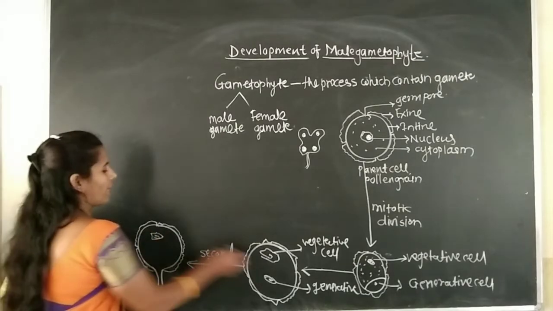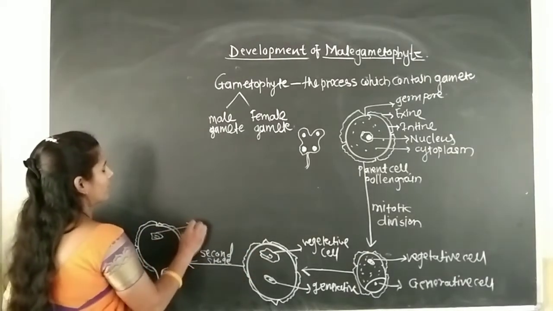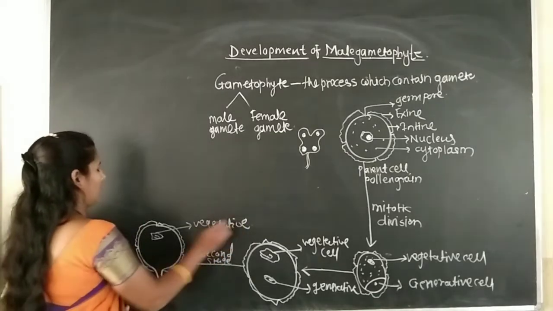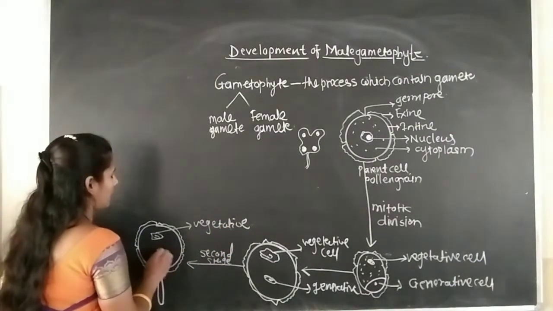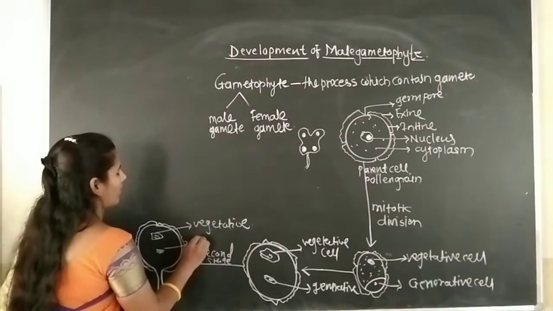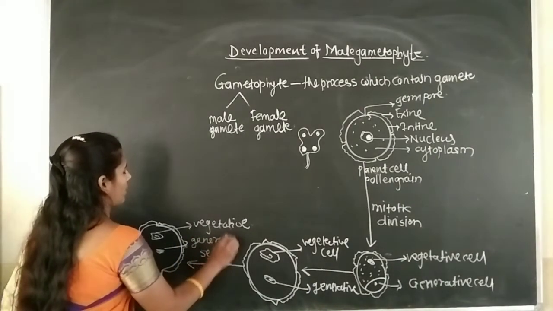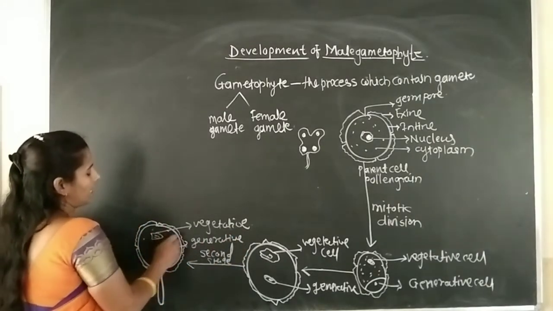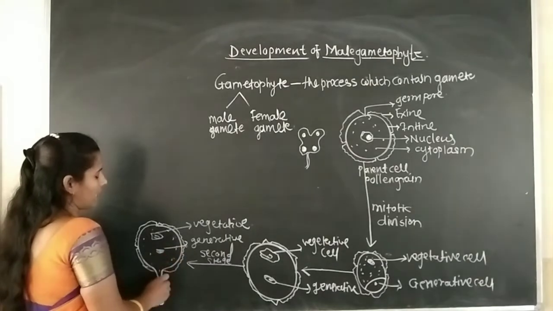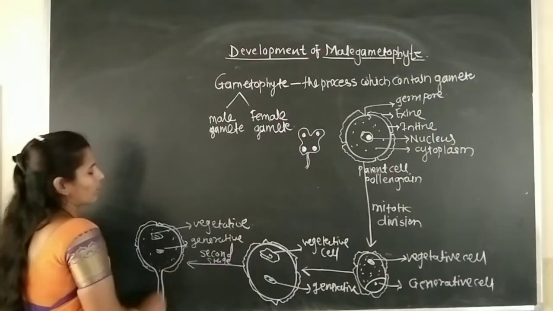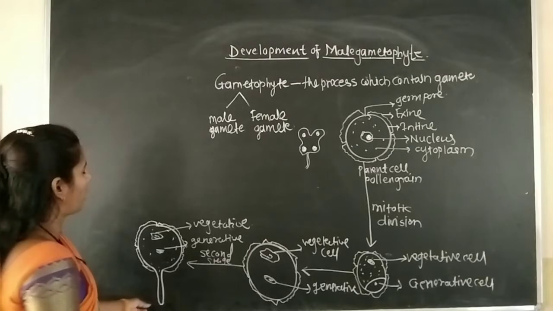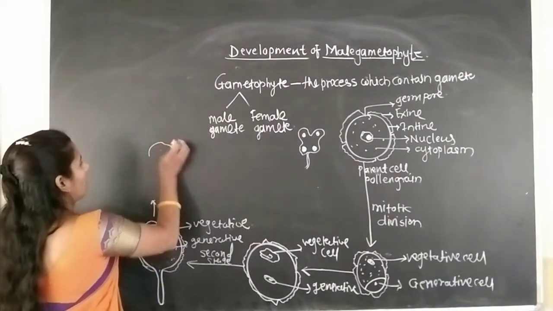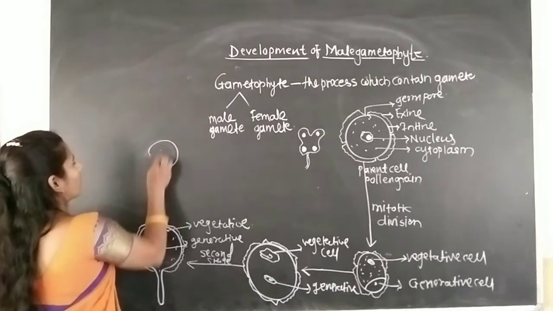This is the vegetative cell, and second is the generative cell. Pressure is created on that portion, and the vegetative cell or enzymes push downward, then the pollen tube is formed, and the vegetative cell comes into the pollen tube.